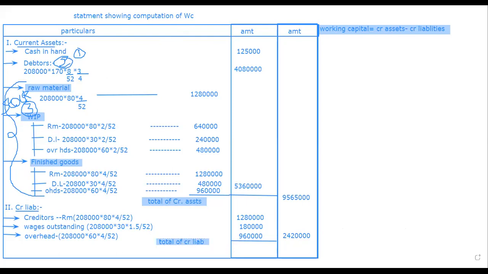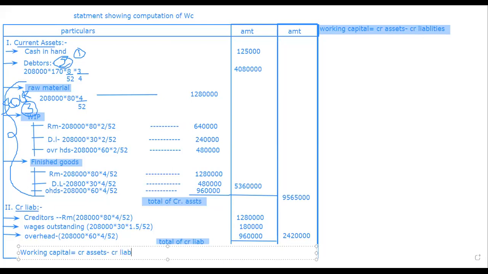So therefore, when I go for applying, my working capital requirement will be how much? Working capital is equal to current assets minus current liabilities, which is equal to 95 lakh 65,000 minus 24 lakh 20,000.